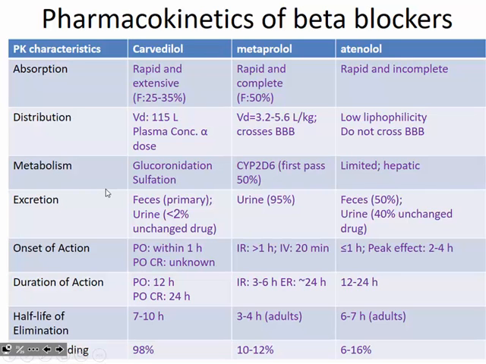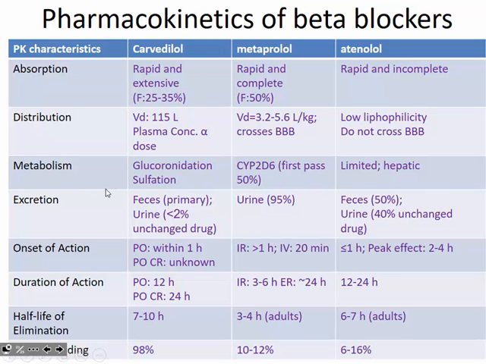So in this case, with metoprolol and carvedilol, there's about 5% of drug at the most getting through urine. The majority is through feces. But if you look at atenolol or bisoprolol, a significant percent, in this case 40% of the parent drug, gets out through urine.